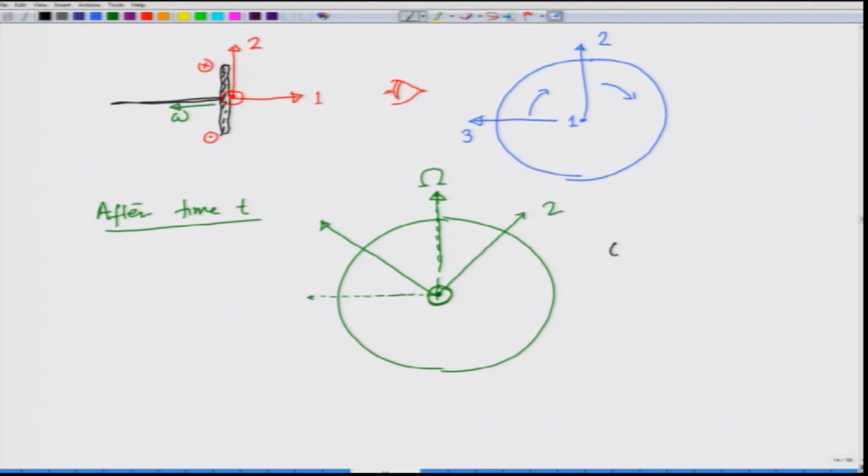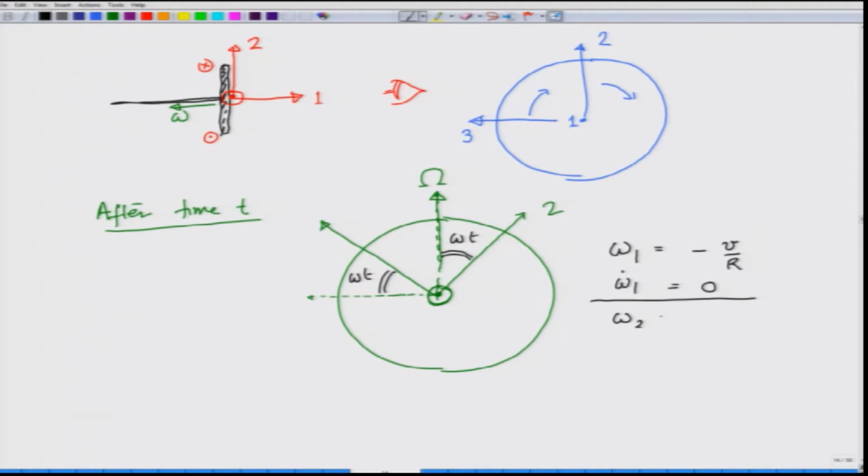Omega 1 is equal to minus V over R, because it is pointing in the direction opposite to the direction of axis 1, and omega 1 dot is therefore 0. Omega 2 now is going to be time dependent, and since I will show the angle out here, this is omega t and this is omega t.